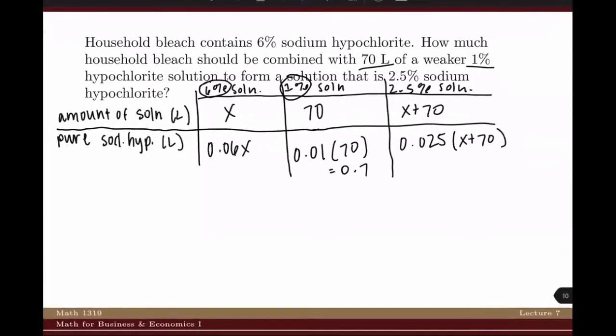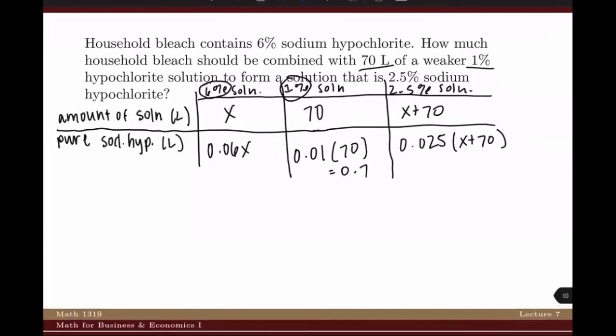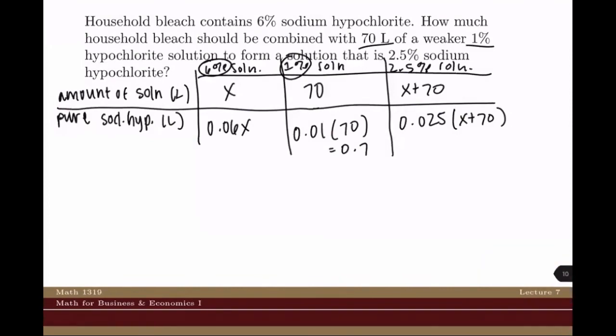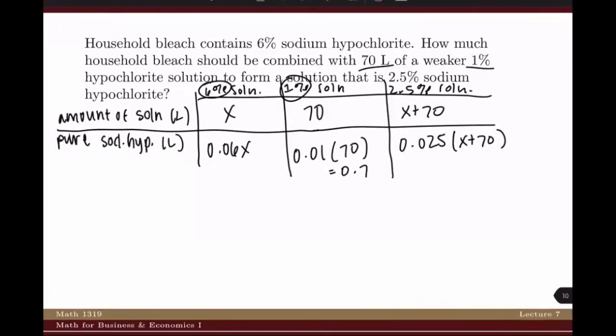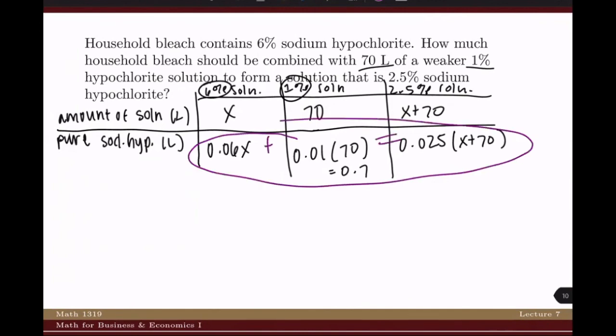Okay, so let's go ahead and move on to solving the problem. So we're just going to essentially make this bottom row our algebra problem here. So we have plus, equals, okay?